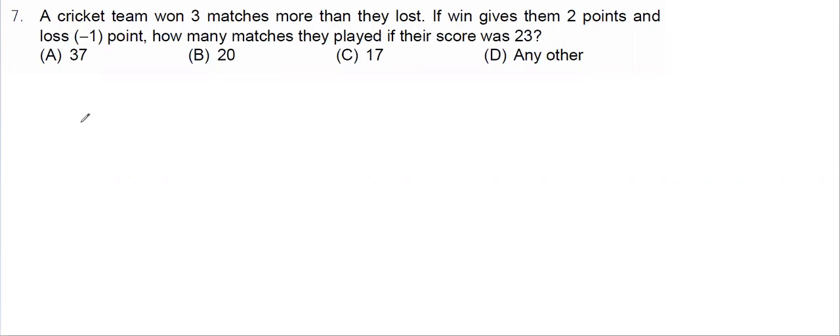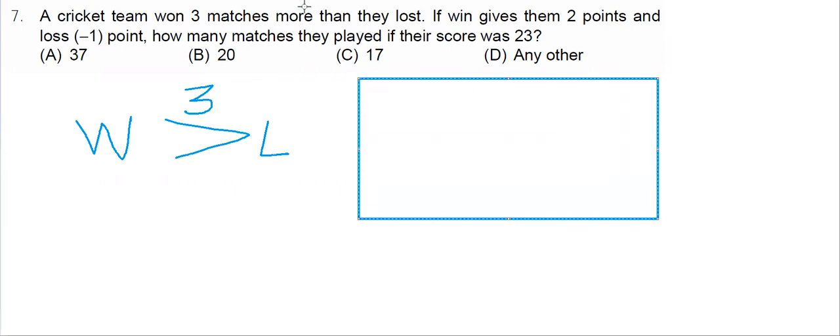A cricket team won 3 matches more than they lost. So the team won 3 matches more than the number of matches they lost. If a win gives them 2 points and a loss gives them minus 1 point. So it should be something like this.